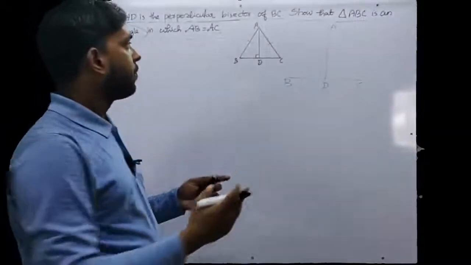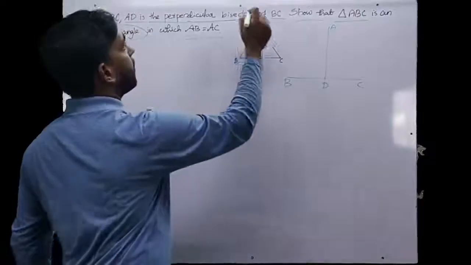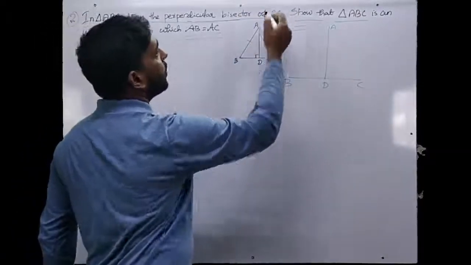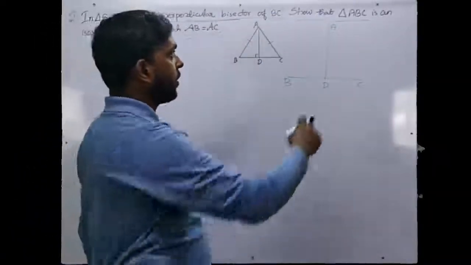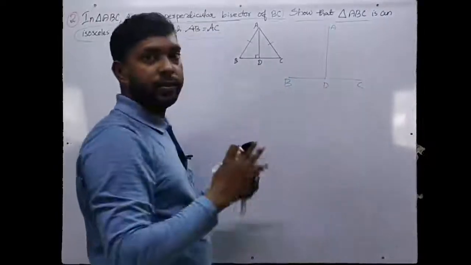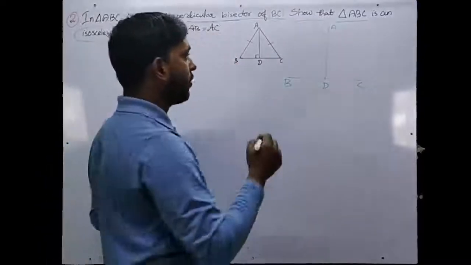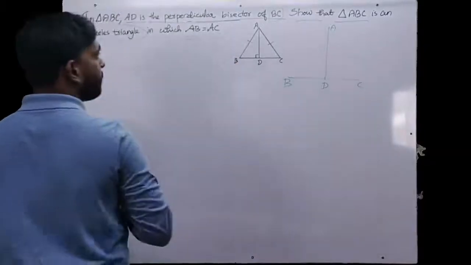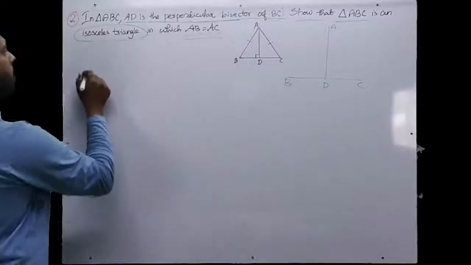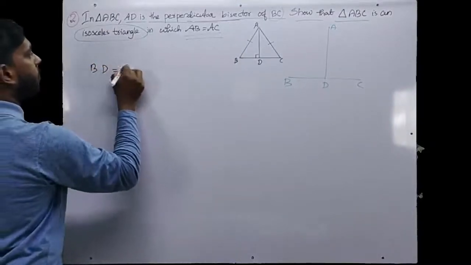Bisector means it equally divides. So since it is a bisector, it is equally dividing the line BC. Since AD is the bisector, AD is dividing the line BC into two equal parts. Therefore, we can say BD is equal to CD.